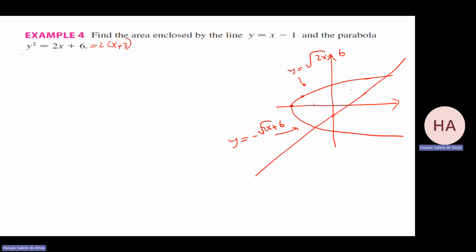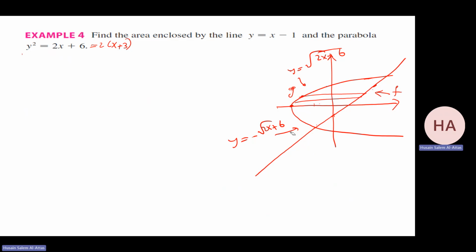However, this is why I'm doing it in dy. If I'm doing it in dy, I always have this function to the right of this function. So there is no need to split it into two parts. I can have f minus g all the way, instead of doing two complicated parts, because I would need to change the function into square root of 2x plus 6, and this one minus square root.